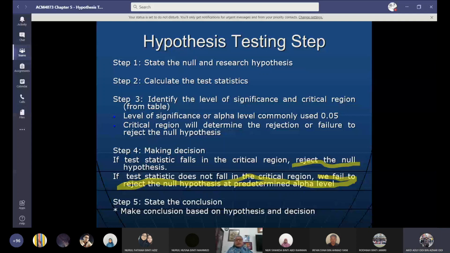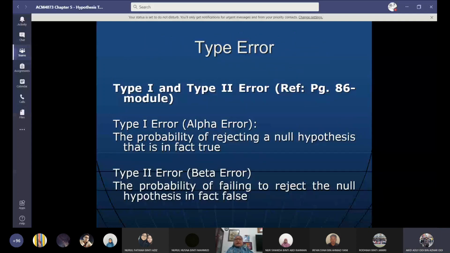There are two types of errors, type 1 and type 2 errors. Type 1 error is the probability of rejecting a null hypothesis that is in fact true. Type 2 is the probability of failing to reject a null hypothesis that is in fact false.